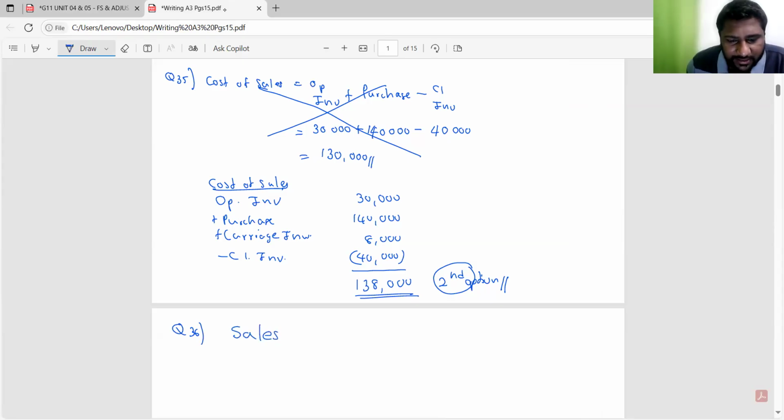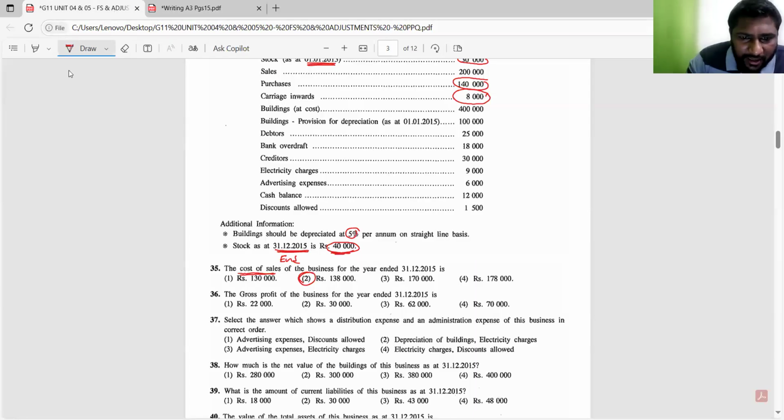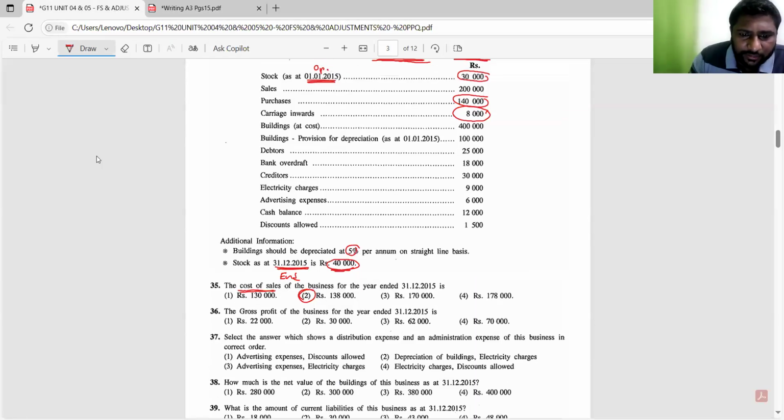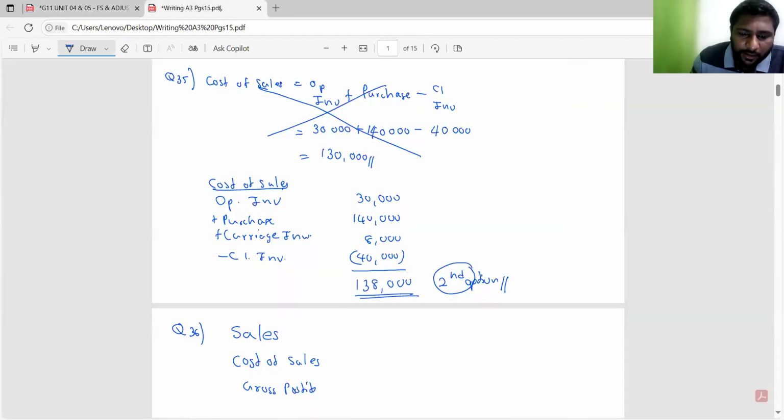From the sales, once you deduct the cost of sales, you will get the gross profit. How much sales are there in this question? Sales, we have 200,000.